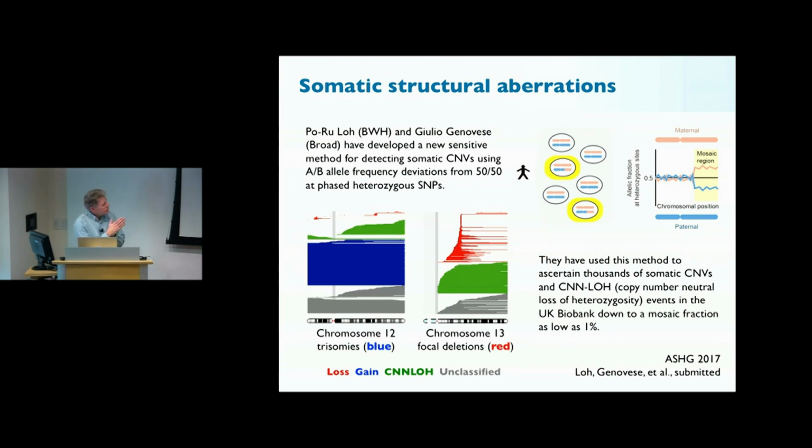And so what that creates is that you'll have no heterozygosity over that region because you have two copies of the maternal haplotype. And they find that this, as well as these mosaic deletions and duplications, are quite common as somatic events in the blood, and they found a lot of interesting biology behind this. So you can watch for this, which hopefully will be in press soon.